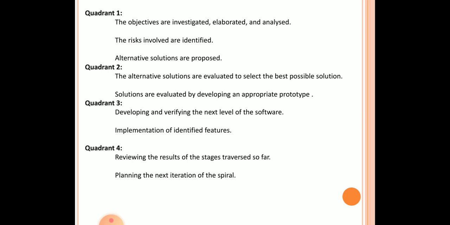The fourth quadrant is meant for reviewing the results of all the stages that have been traversed so far, and we plan for the next iteration of the spiral.